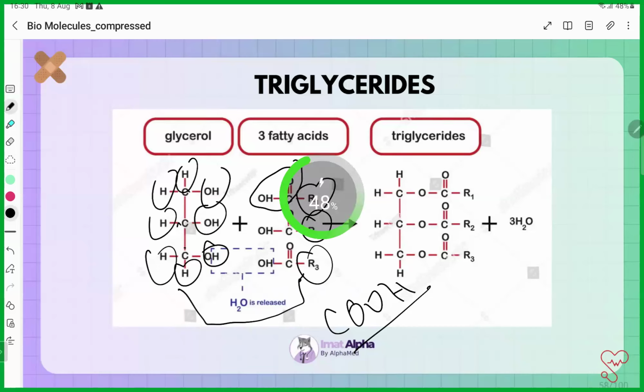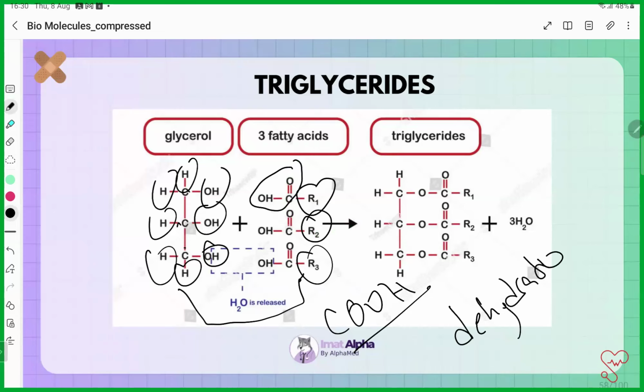So this means that we are undergoing a dehydration or condensation reaction. It's not just in glucose, it's not just in amino acids and peptide bonds, it's also in lipids.